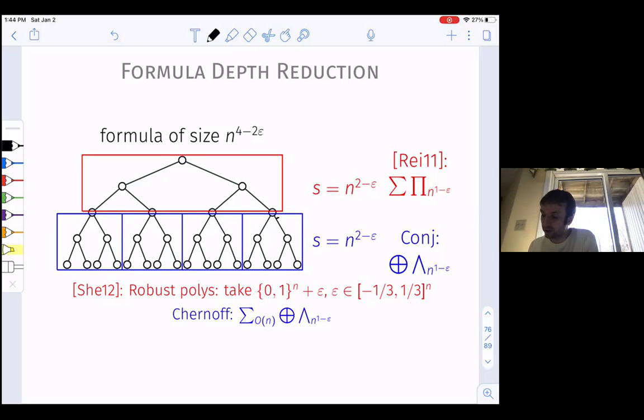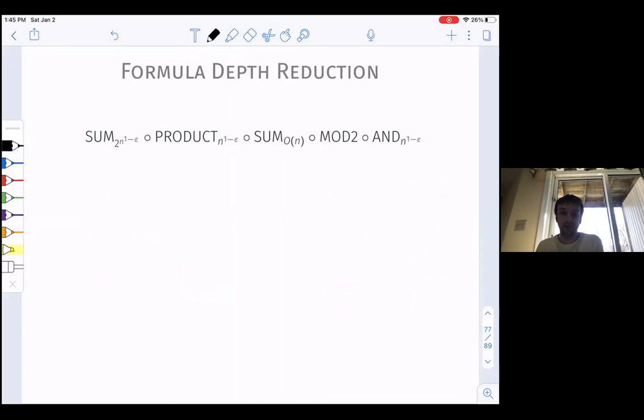So by Chernoff, if I take the average of a bunch of such polynomials, then the results are good enough for these robust polynomials, because each output here is wrong only by at most 1/3. So now at the top, I have a sum of products. At the bottom, I have a sum of parities of ANDs.